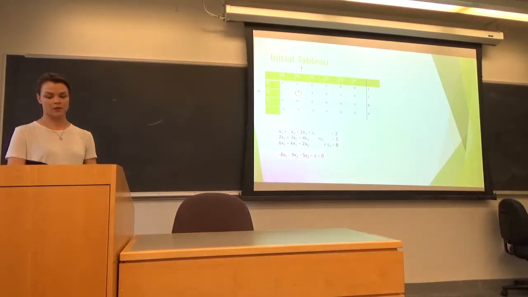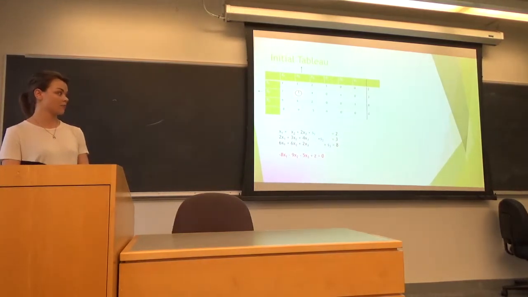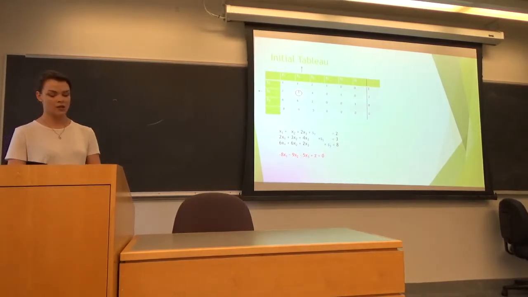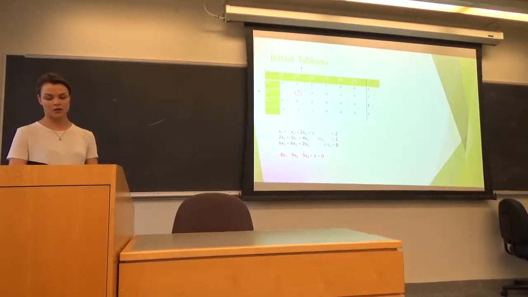Now our first step is going to be, we check if the objective row with the new modified function, -8, -9, -5, 0, 0, 0, has any negative entries in it. If it doesn't, then we know that the solution we have is optimal and we're done.